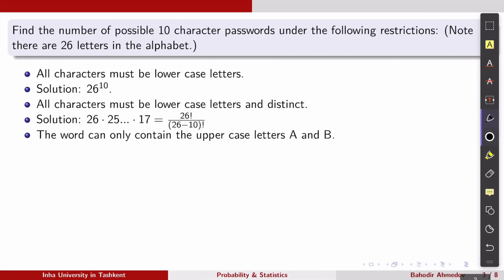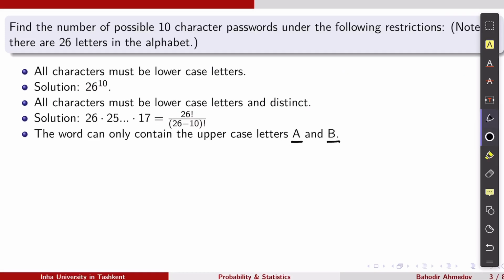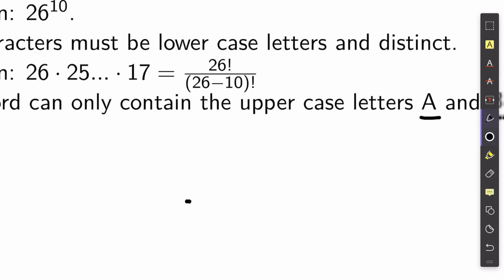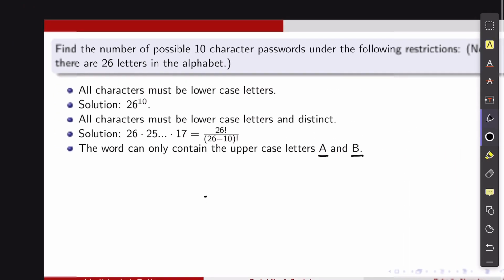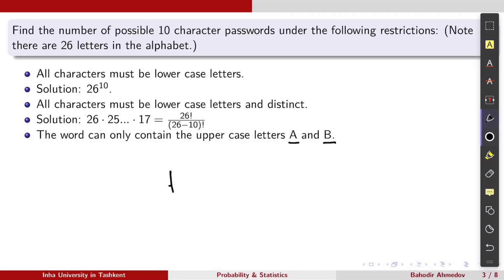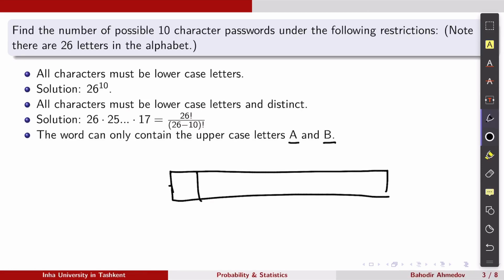The words can contain only 2 uppercase letters, either A or B. In this case, we again need to draw the boxes. So we need to create again the 10 boxes. How many options is it possible to have? Again, it is a 10-character password we need to create.